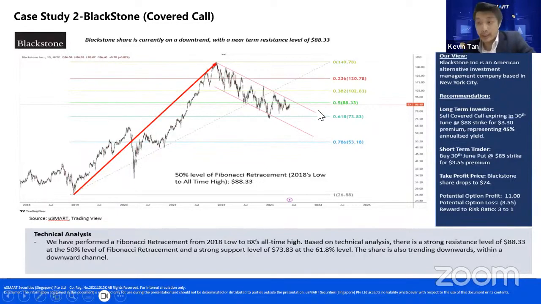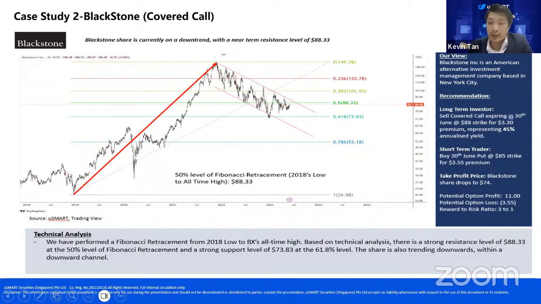Back then, the covered call, the call option for $88 strike price, was trading at $3.30 for one month, which represents almost a 45% annualized yield if you were able to repeat this trade setup for the next few months.